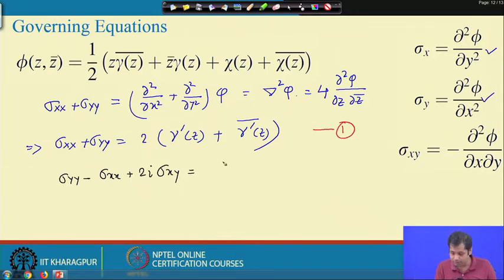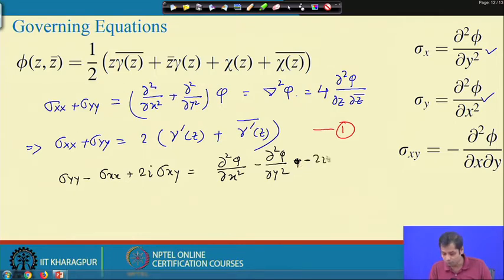So essentially this becomes del 2 phi by del x 2 minus del 2 phi by del y 2, and then plus 2 into this, so this becomes minus 2i del 2 phi by del x del y. Now, we know the relation of del x and del y with del z and del z bar.